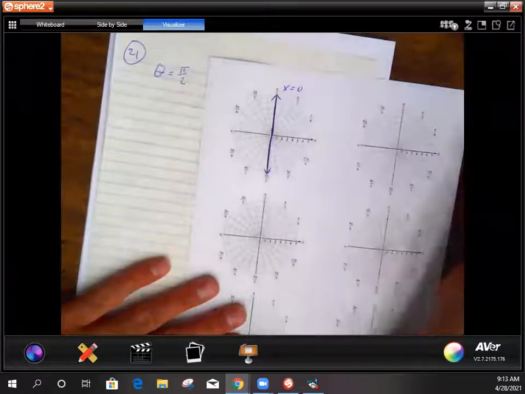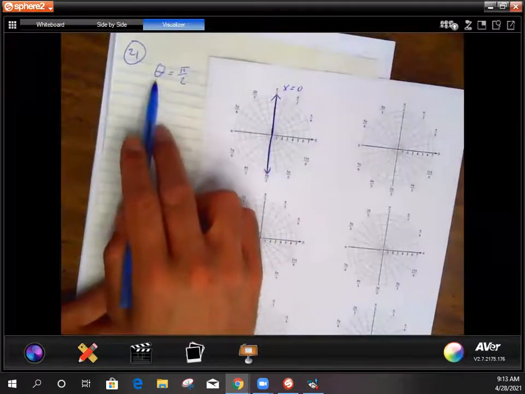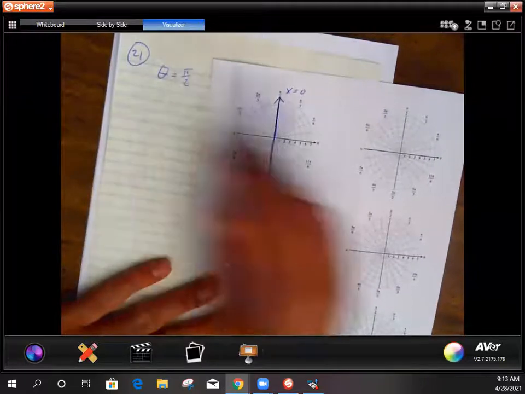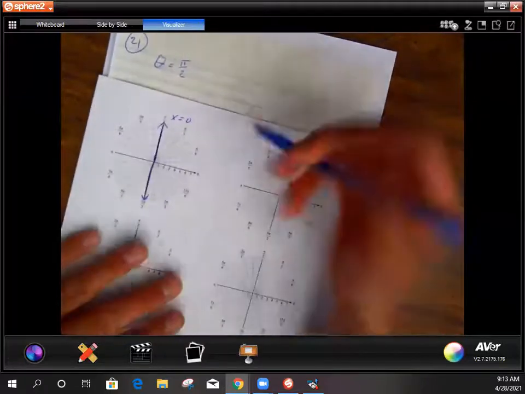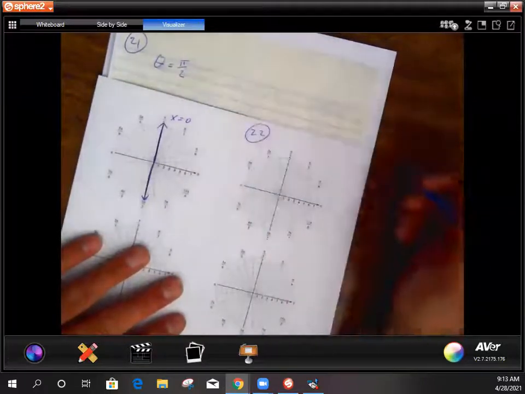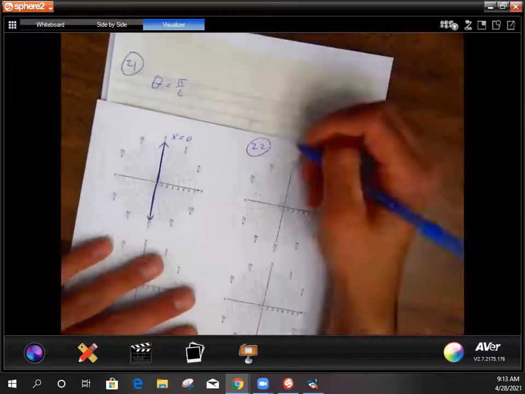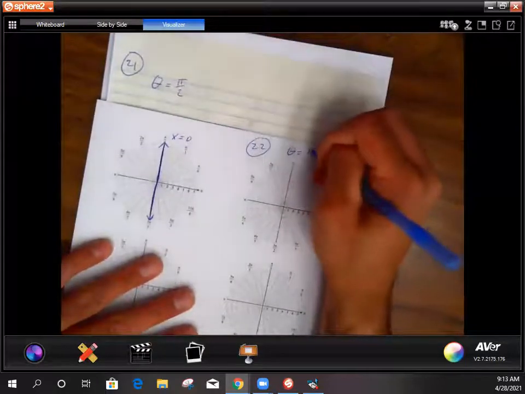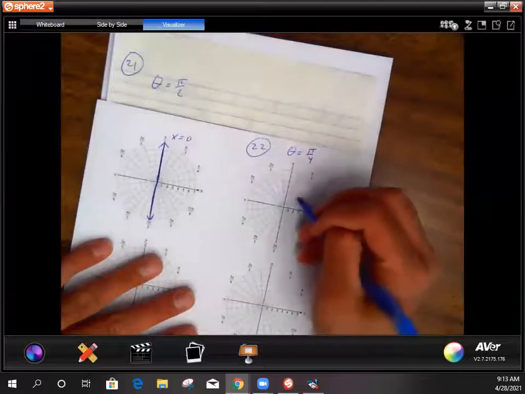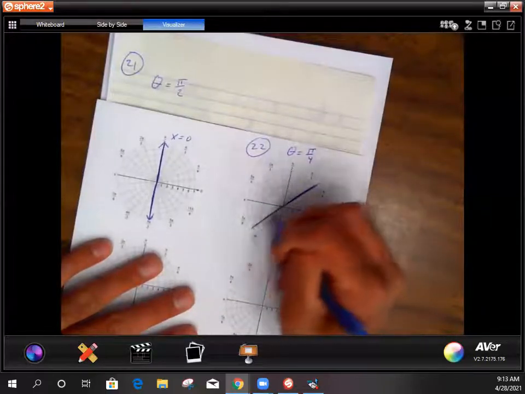So if you have theta equals just an angle, if I were to jump ahead, in 22, theta is equal to pi over 4. So this is pi over 4 where r is positive, and this is pi over 4 where r is negative.